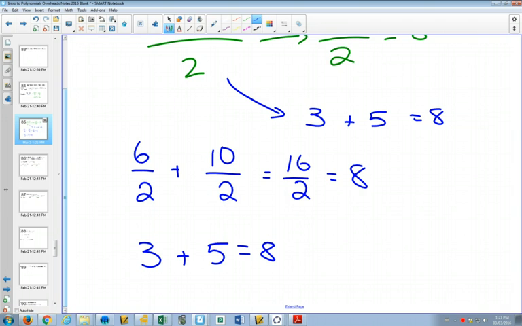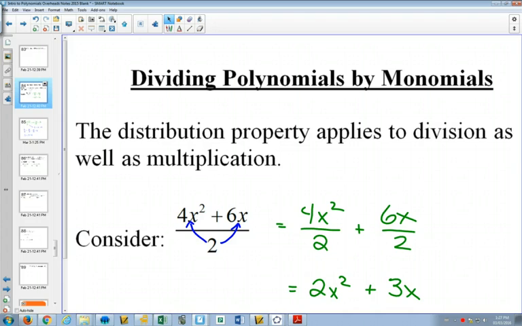So when we get to our question like we had before, what we're kind of doing is taking a step backwards from adding fractions. Because adding fractions says if you have a common denominator, you add the tops. So adding fractions would actually be going from here to here, right? I have a common denominator, I add my numerators together.